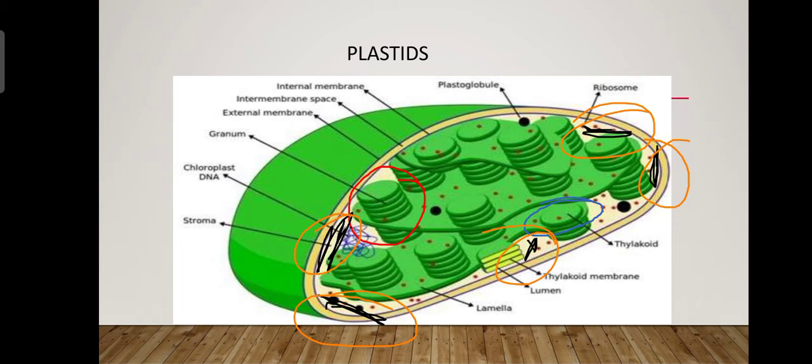Leucoplast can change into green plastids if they are exposed to light for a long period. And chloroplast can change into leucoplast, into white or colorless, if they are in the absence of light continuously. Similar changes take place in chromoplast also. In the young tomato fruit, the presence of leucoplast makes it look whitish.